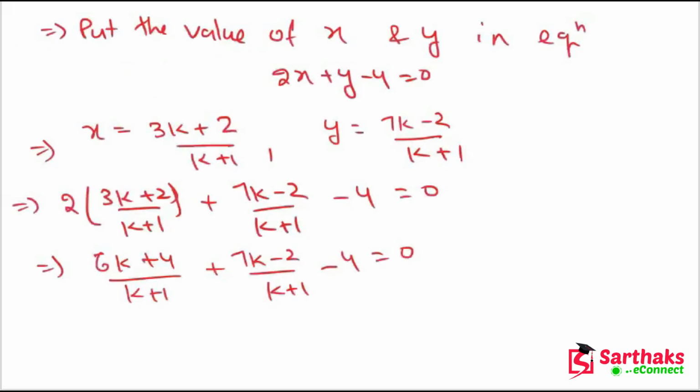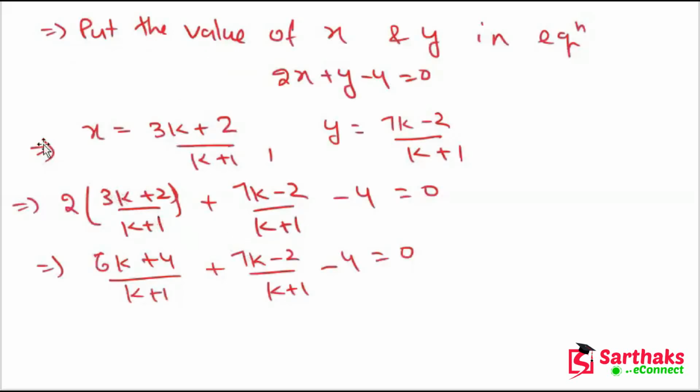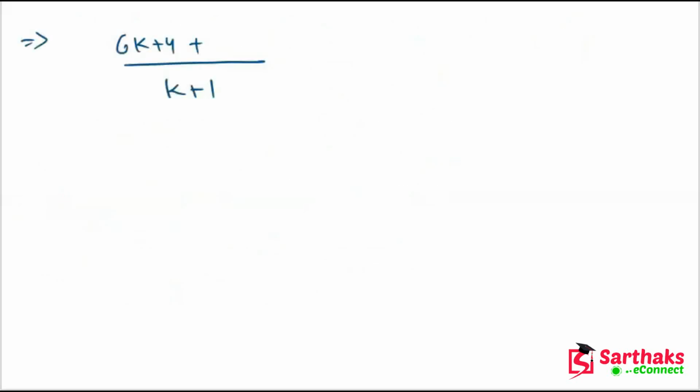Okay. Now take the LCM as k plus 1. After taking the LCM k plus 1, we get 6k plus 4, the same as 6k plus 4, and plus 7k minus 2, the same as 7k minus 2.